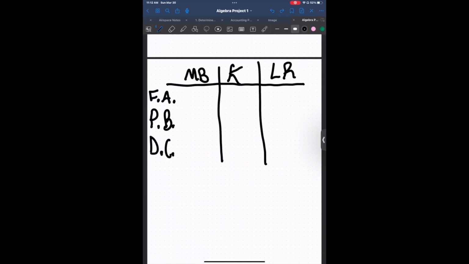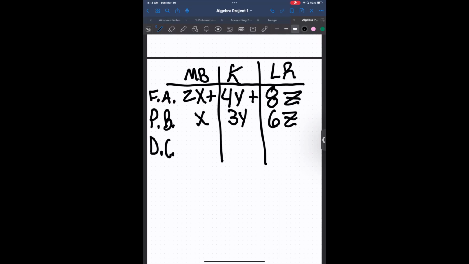So the master bedroom is going to take 2 times the framing. It's going to take 4 to do the kitchen and 8 to do the living room. These are all going to be plus. That's all for framing. For painting, it's going to take 1 for the master bedroom, 3 for the kitchen, and 6 for the living room.